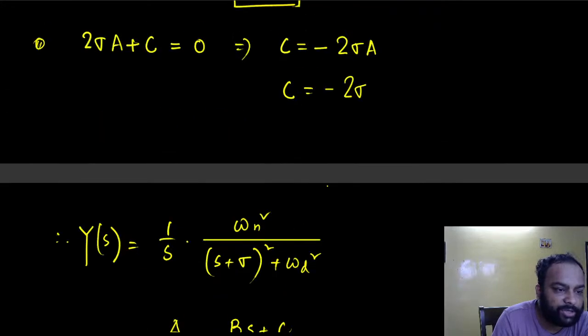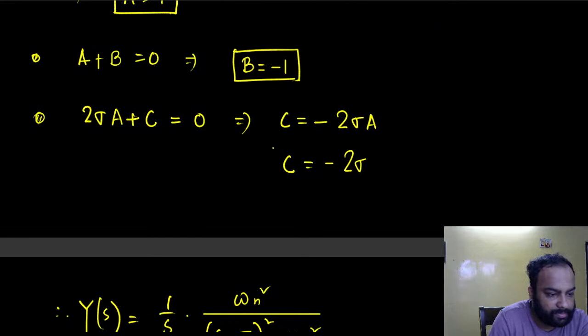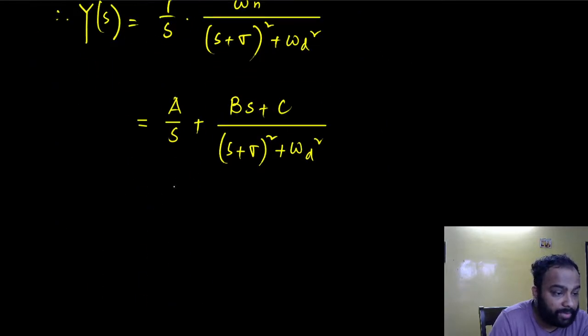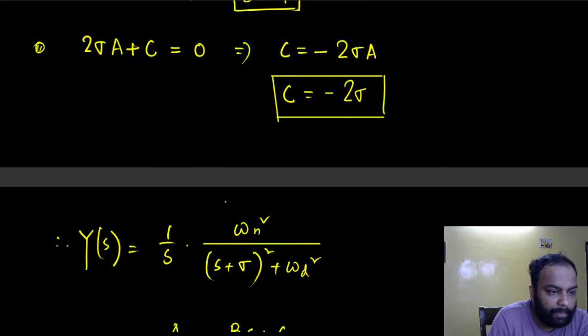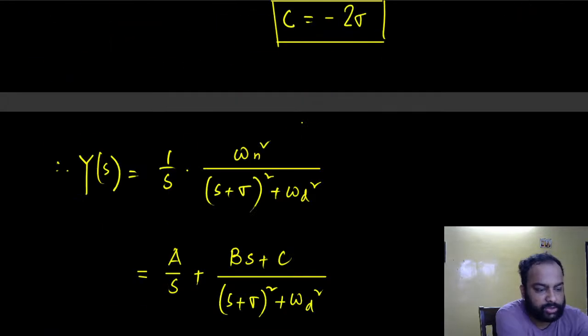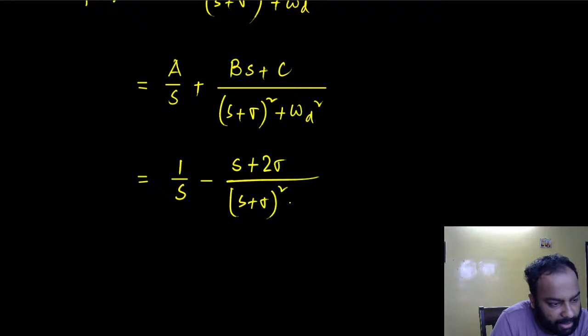Now we have figured out the values of A, B and C, so let's put those values here. A has a value of 1, B has a value of minus 1, and C is minus 2 sigma. So this becomes 1 by s, taking minus common out of these: B is minus 1, so that becomes 1, and C is minus 2 sigma, so that becomes plus 2 sigma, divided by s plus sigma whole square plus omega d square.